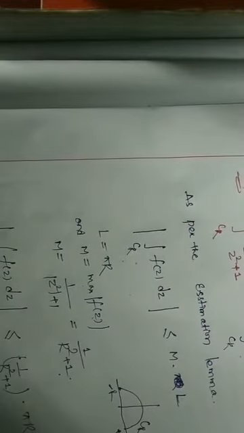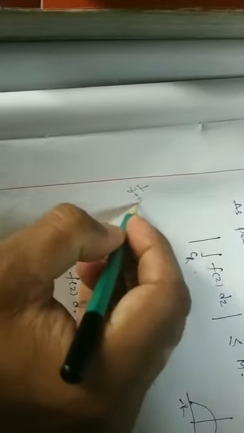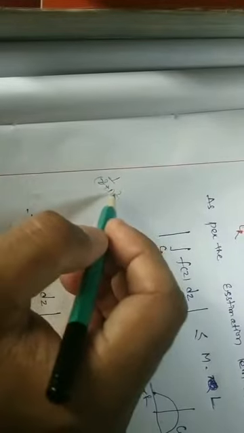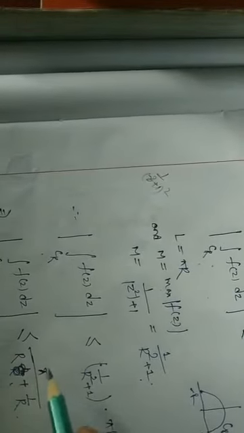For the 4 to 5 problems I have given to work out at home, whenever you do them, this term will be 0 because of this. Maybe the function will be 1 by z square plus 1 whole square. The same thing you can write with z square plus 1 or R square. If you put in all the things, it will give you 0. Only two to three lines you have to write, which will be better. Okay, thank you.